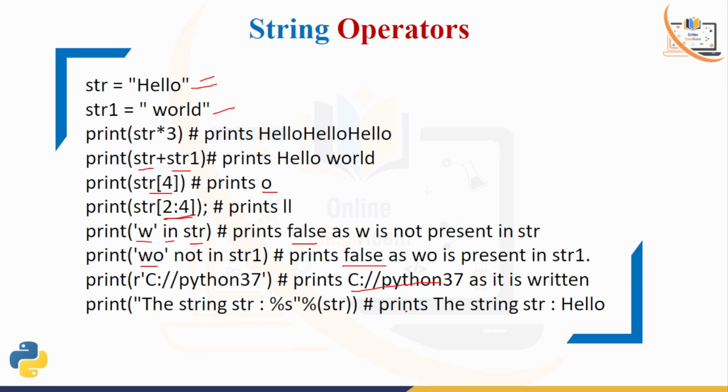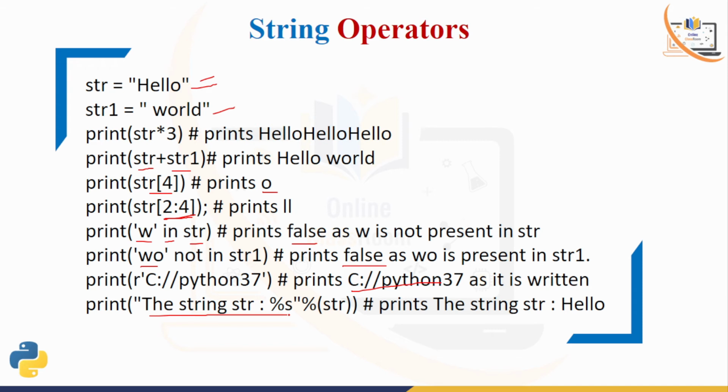And the last one is the string %s. Like in C, if your number is an integer we have to write %d, and if the number is a floating point number, we have to write %f.